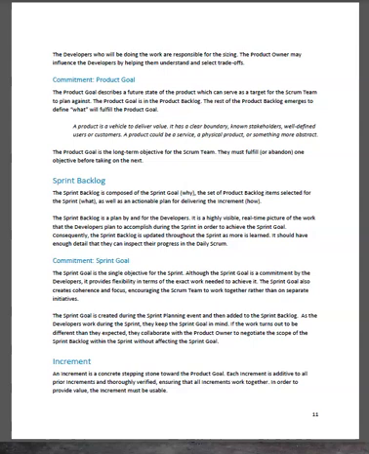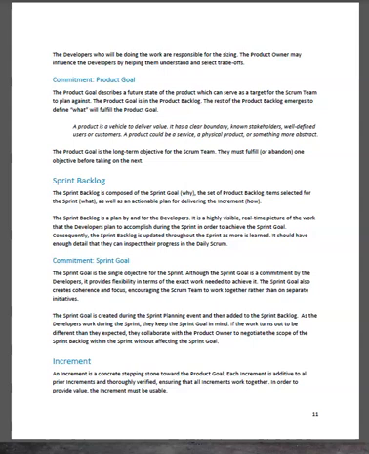Sprint backlog. The sprint backlog is composed of the sprint goal (why), the set of product backlog items selected for the sprint (what), as well as an actionable plan for delivering the increment (how). The sprint backlog is a plan by and for the developers.